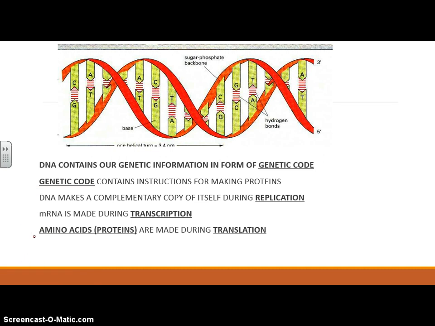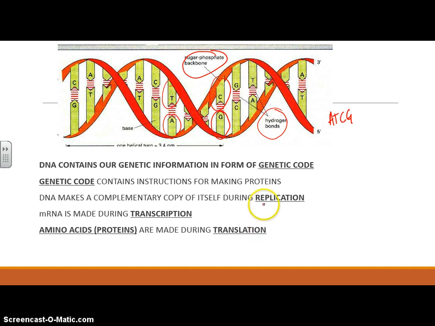It's made up of sugar and phosphate backbones, which are connected to nitrogen bases. There are 4 different nitrogen bases in DNA: A, T, C, and G. These 4 nitrogen bases make up the steps of the DNA ladder. They're connected by hydrogen bonds.